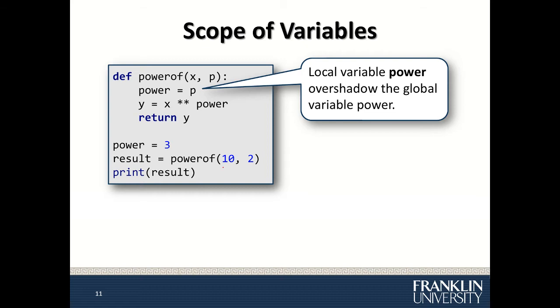Now look at what would be the proper use of a local variable. In this case, I have a function called power of. I have two parameters, x and p. And power equal p. This is a local variable power.